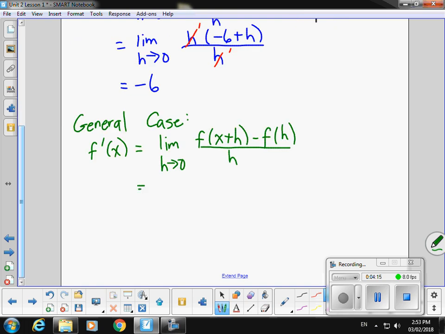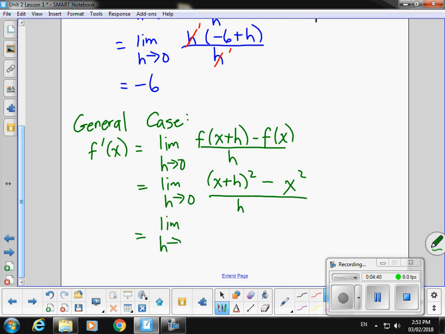For this one, I would have x plus h squared, subtract x squared. So I did it wrong here. There, all over h. If I were to expand, same process as I did with the negative 3, I would have x squared plus 2xh plus h squared, subtract x squared. What do you know? The x squareds cancel. This is so great.